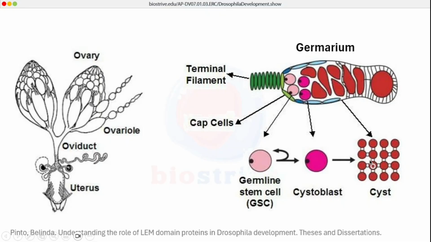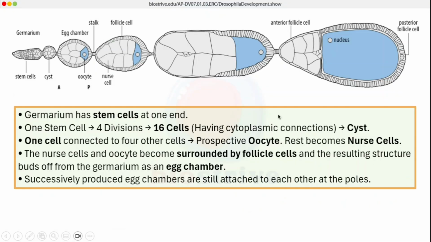Now, the cell which has the maximum cytosolic connections will become the oocyte, like the cell right here. It has 4 cytosolic connections, directly connected with 4 other cells. So, this particular cell will be selected as the oocyte through specific signaling, and the remaining cells will act as nurse cells, as you can see.